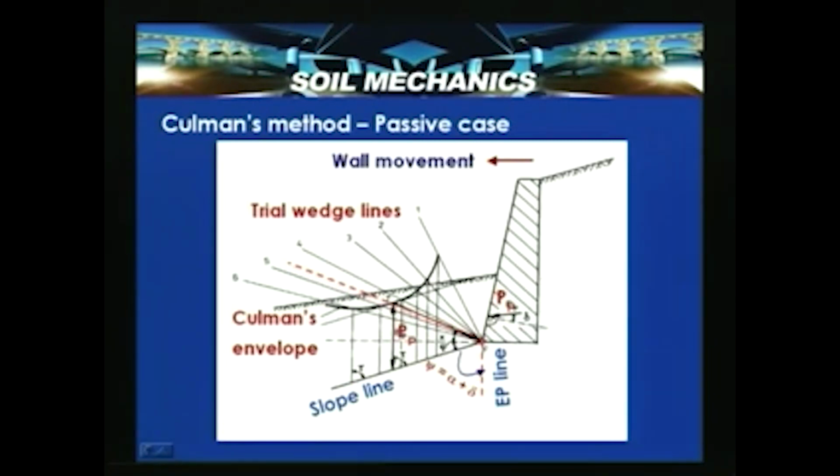This is the possible wedge which is inducing this force PP. Once we know this PP, we convert it with a suitable scale to get it in kilonewton per meter. So by adopting this procedure, we can determine, using Culmann's method, either the active earth pressure thrust or the passive earth pressure thrust.